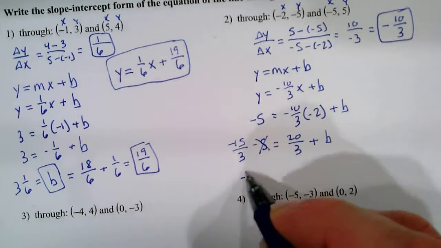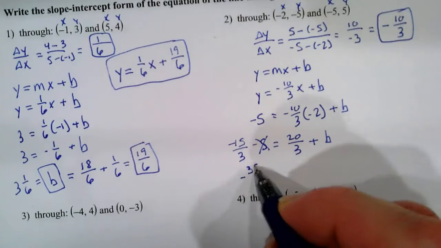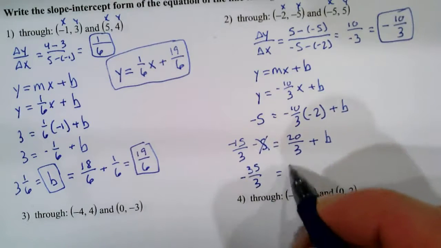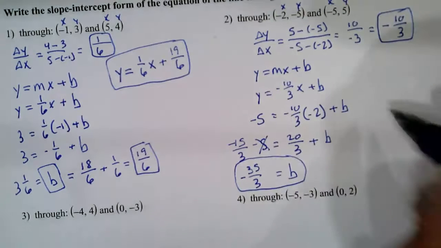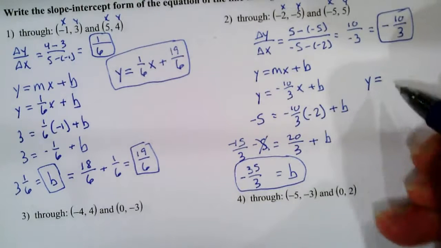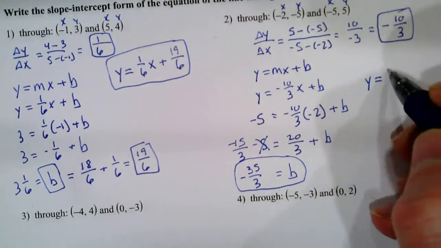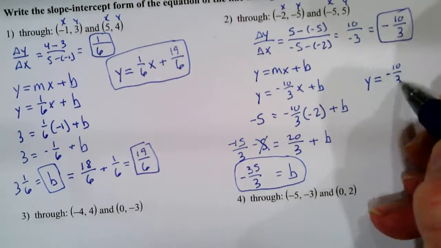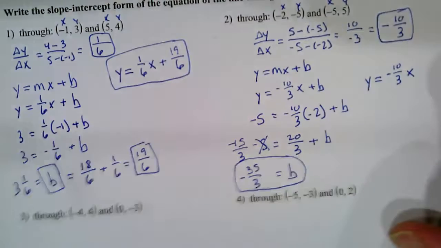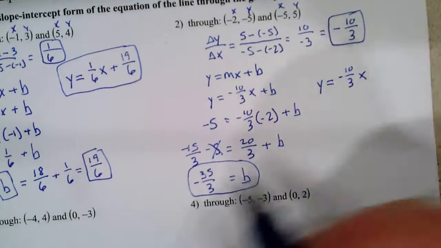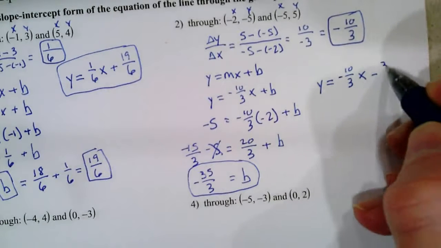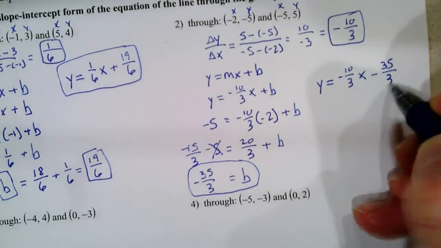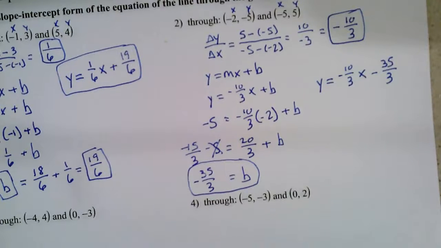So we get negative 35 thirds equals b. So now we have our equation. y equals our slope, negative 10 thirds x, plus our y-intercept, which is negative, so we'll just write that as minus 35 thirds. All right, do a couple more.